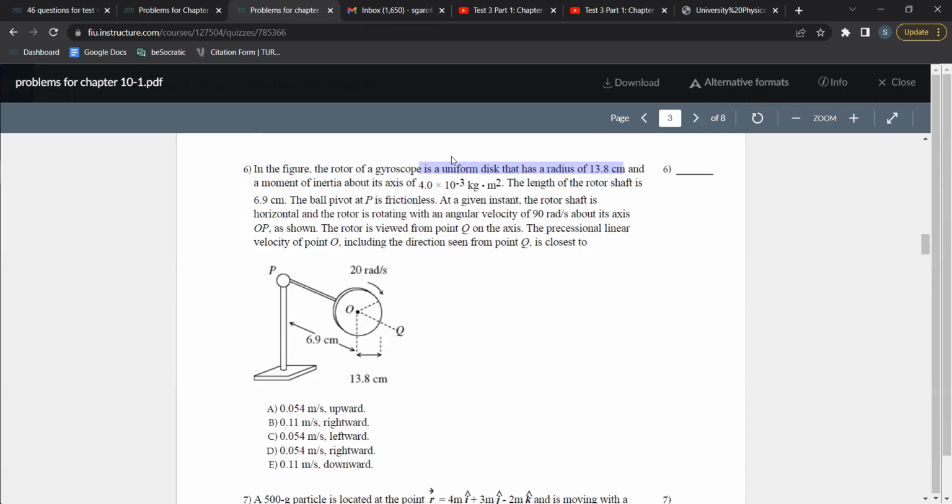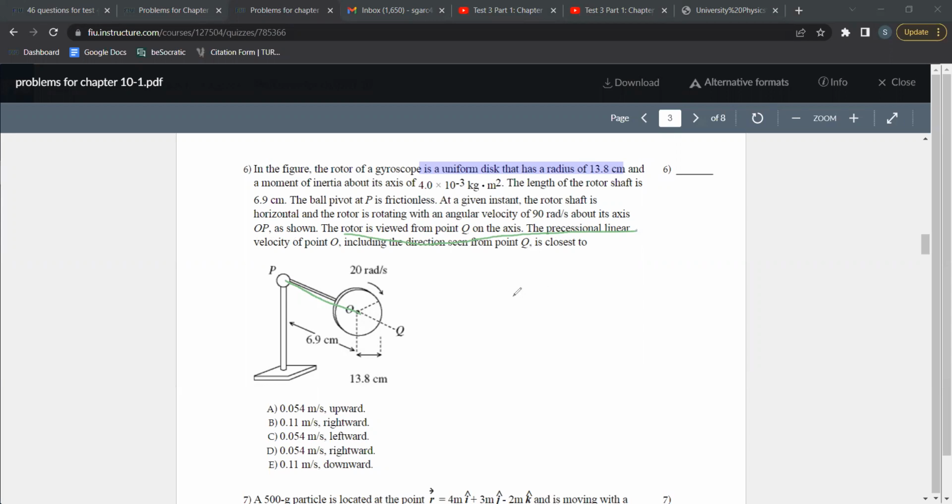At a given instant, the rotor shaft is horizontal, and the rotor is rotating with an angular velocity of 90 radians per second as shown. OP is the axis. The rotor is viewed from Q, and the precessional linear velocity of O, including the direction seen from Q, is closest to.